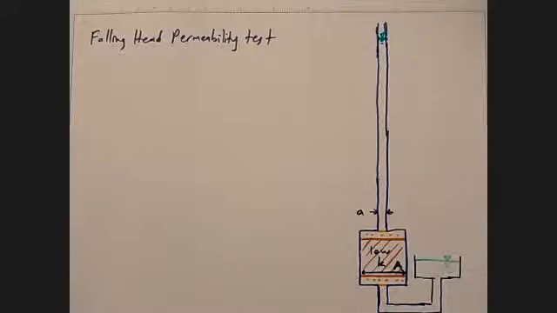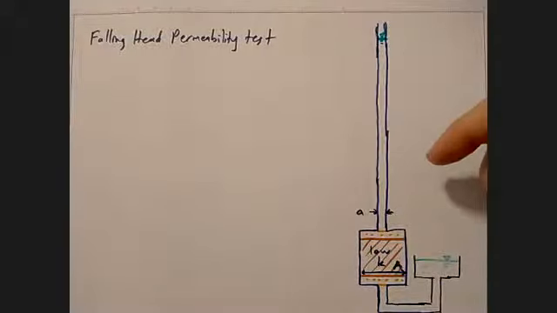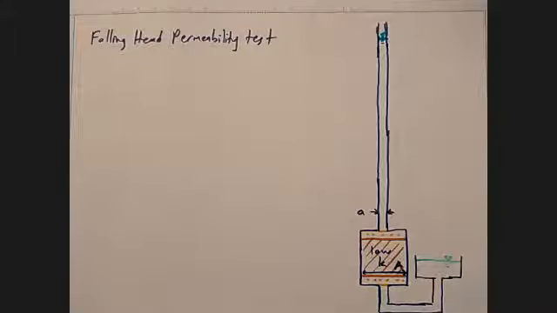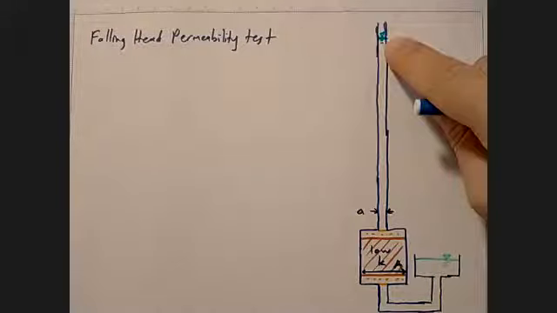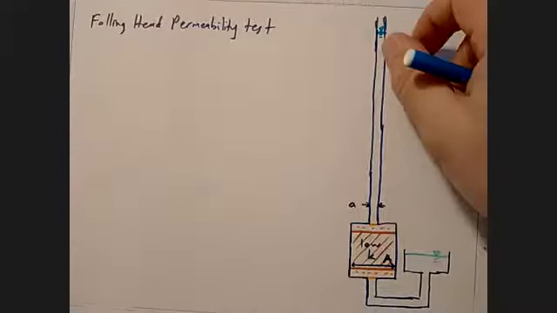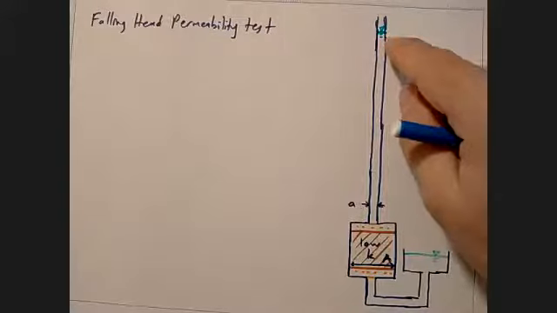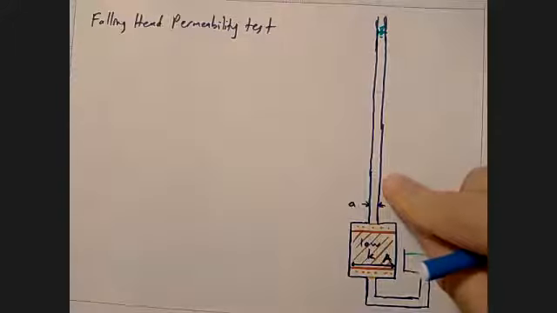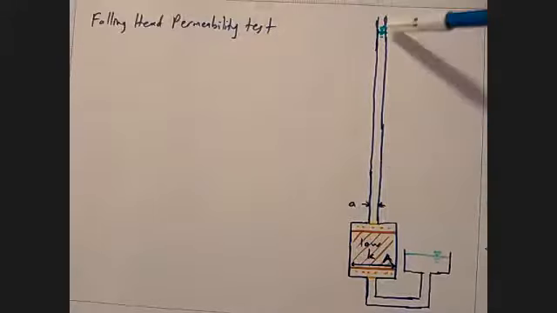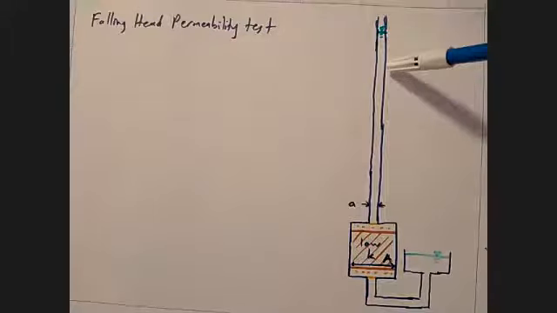Now you are not only applying a very large hydraulic gradient to this, but also you are getting a much better measurement with a very thin tube here. You are measuring the volume of water through the tube, through the change of height in this tube.